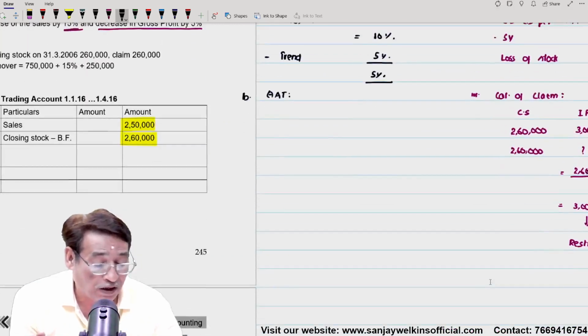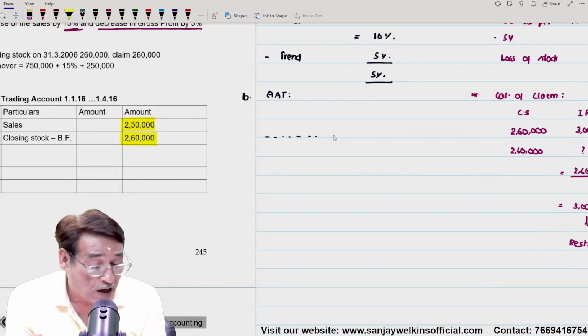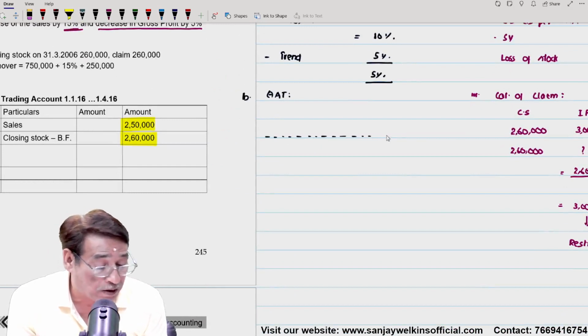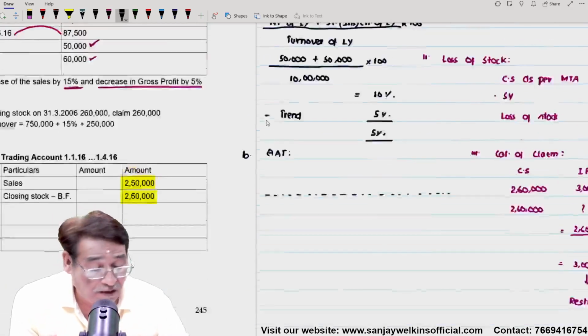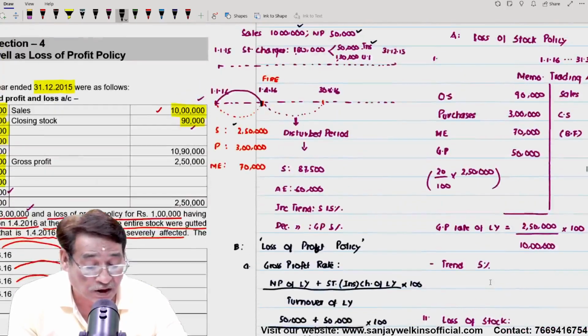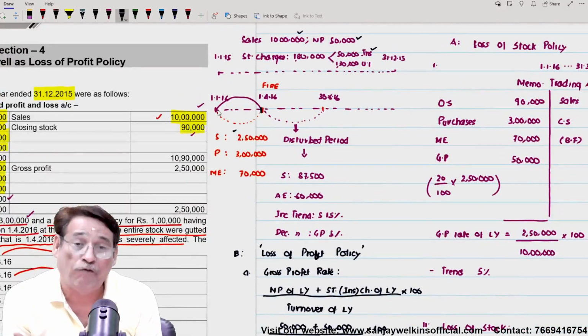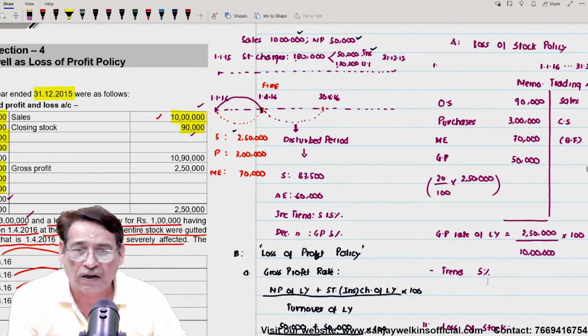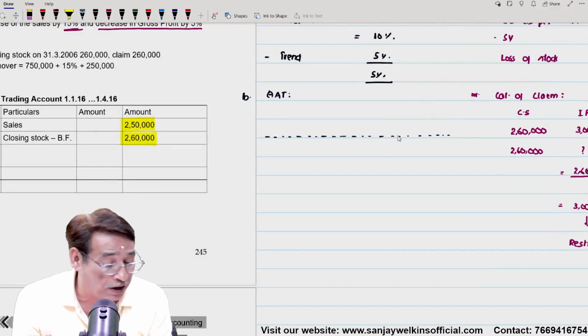So that means in order to compute the annual adjusted turnover of 12 months preceding the date of fire, I will start in a reverse manner. I will have to move back from 1/4/2016 till 1/1/2016. Correct? That means in the current year, I will show it in this manner.